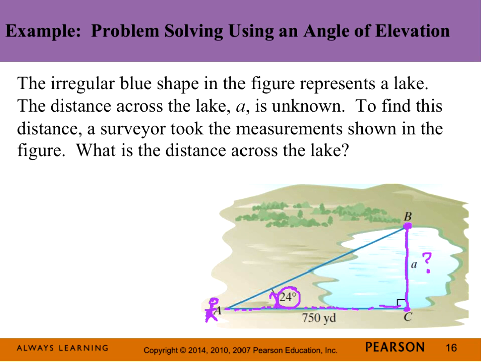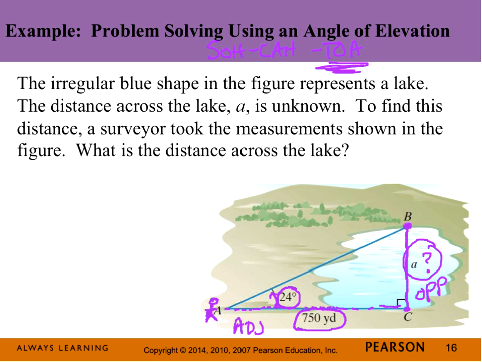So we need to figure out what sides we're dealing with. So we know this is 750 yards, and that's going to be our adjacent side. We're trying to figure out our opposite side, so we want to use the trigonometric function that relates the adjacent and the opposite sides. Well, once again, SOH-CAH-TOA, we see that the tangent relates the opposite over the adjacent.